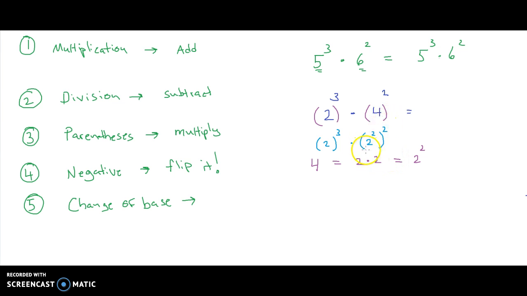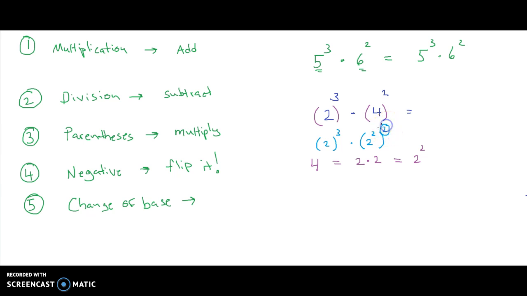Well, now we've done something here. We've made the bases the same. Instead of having a 4 and a 2, now we have a 2 and a 2, which means we could use the multiplication rule, where we add the exponents. But we also are going to have to use rule number 3, because notice we have a parenthesis issue here. We have a number inside with an exponent, another exponent on the outside. And the way that we deal with that is we multiply, right?